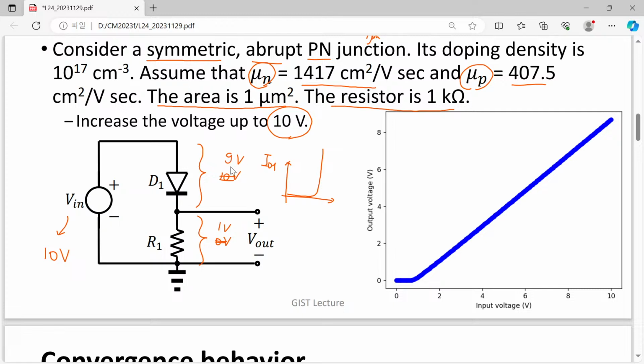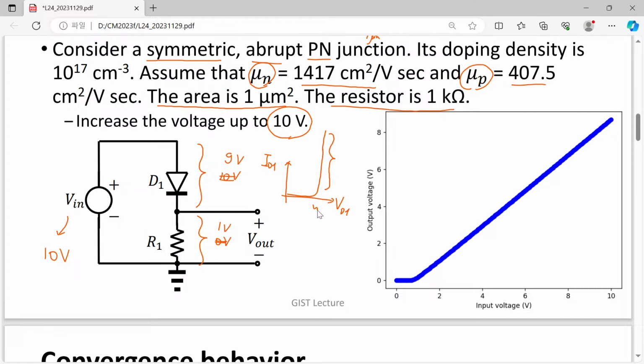However, please note that since the D1 current increases rapidly with the D1 voltage, the current level covered by this diode current is quite wide.